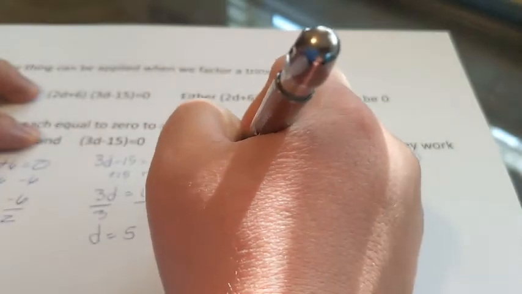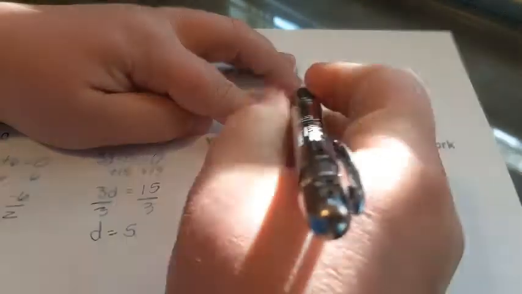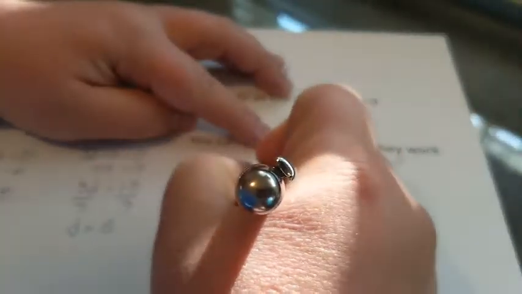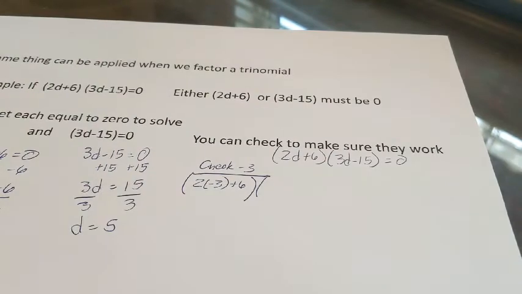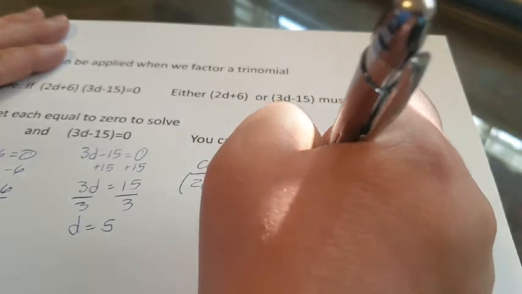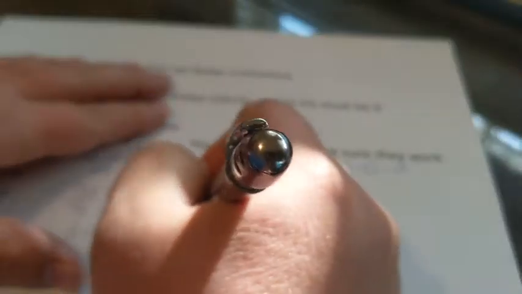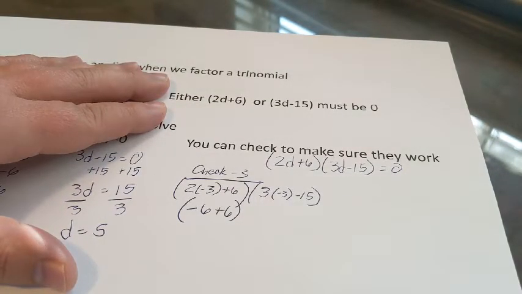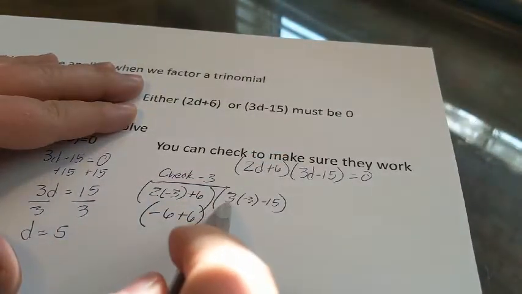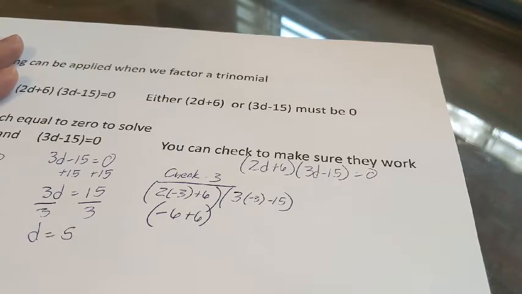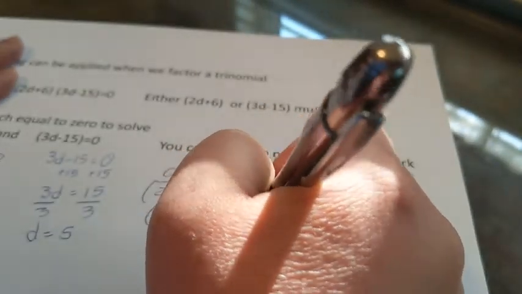So we'll do 2 times negative 3 plus 6, and that whole thing multiplied by 3 times negative 3 minus 15. 2 times negative 3 is negative 6 plus 6, and 3 times negative 3 is negative 9 minus 15.